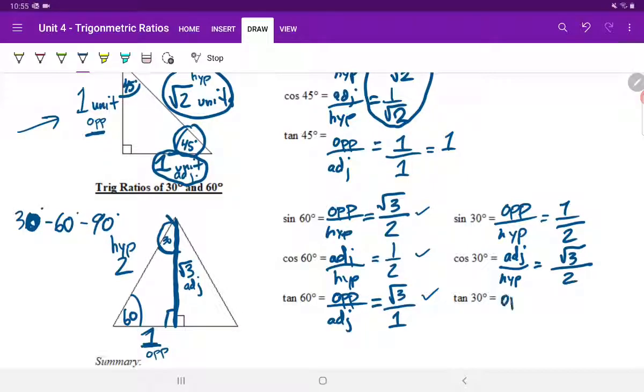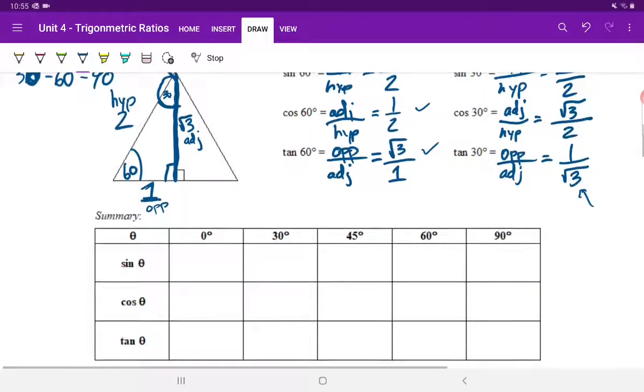And tan of 30, opposite over adjacent, is 1 divided by the square root of 3. Now again, it isn't proper to leave a radical in the denominator, but I'm not going to worry too much about it in this lesson. Just leave it as 1 divided by the square root of 3.